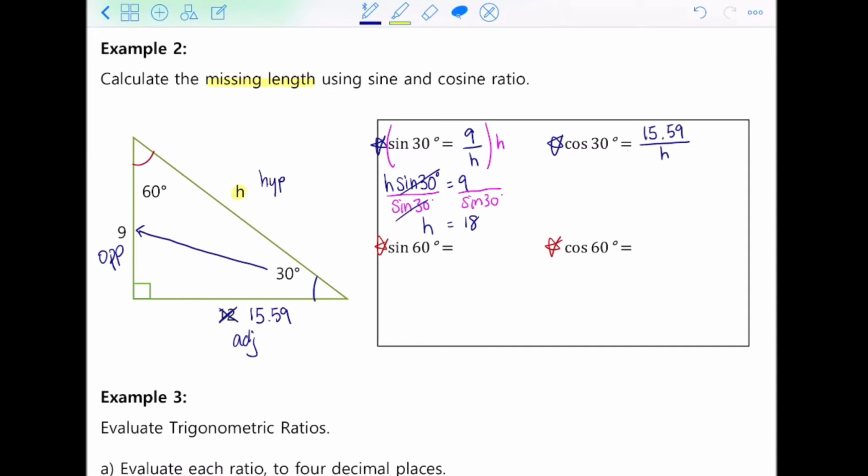We'll try to isolate h again, and then we'll confirm it this way. We're going to multiply both sides by h, and you have h times cos of 30 degrees equals 15.59. Then you divide both sides by cos 30.